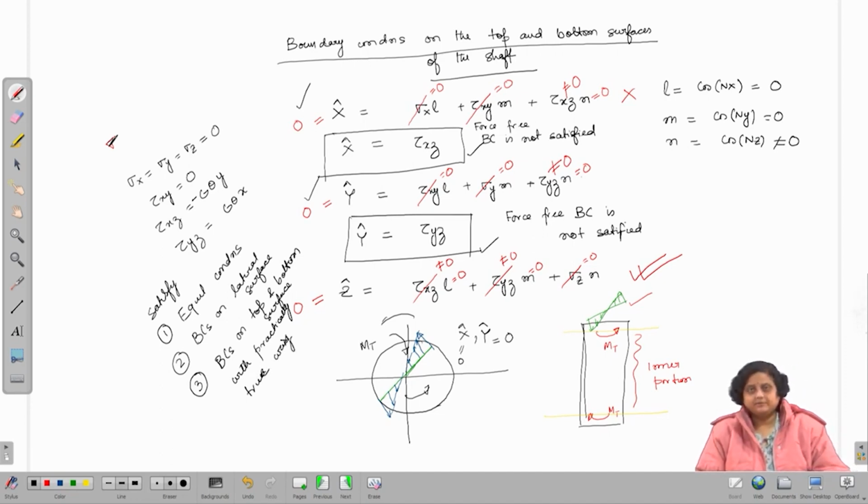Theoretically, ideally it might not be satisfying the top and bottom surface, but practically we can say it satisfies the boundary conditions at the top and bottom surfaces.